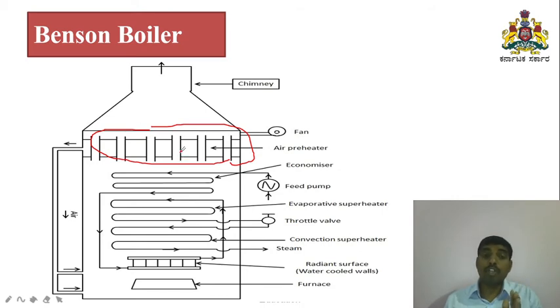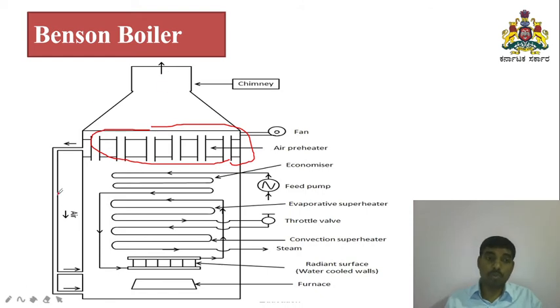Those flue gases will transfer the heat to the air while in the path. So the air preheater preheats the air, and the preheated air will be supplied to the combustion chamber for the combustion purpose. The flue gases then flow upwards to the chimney and go out to the atmosphere.